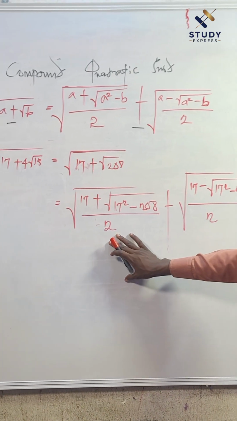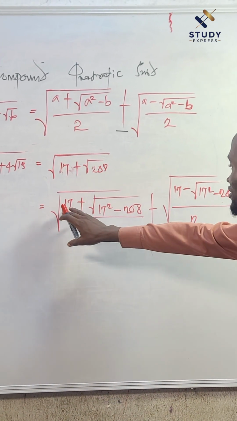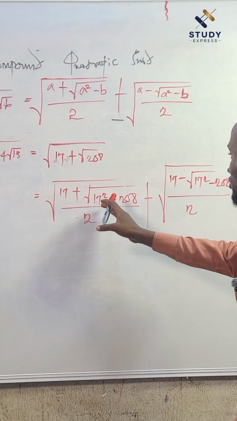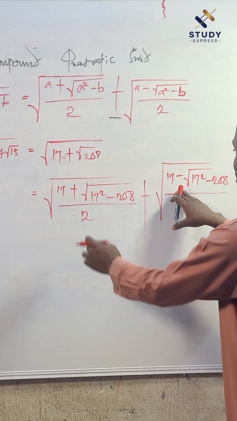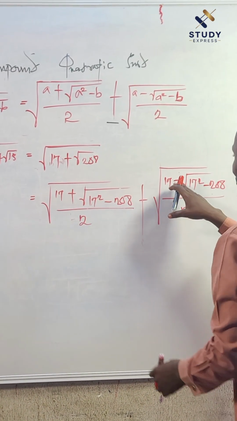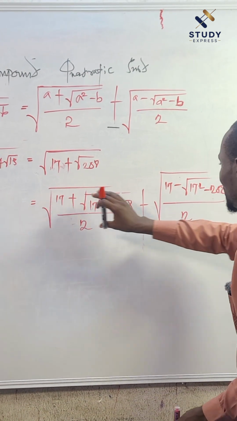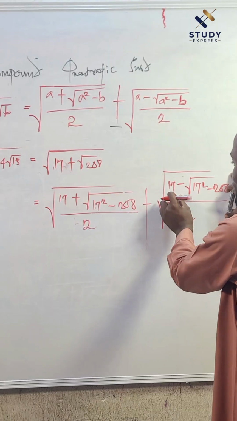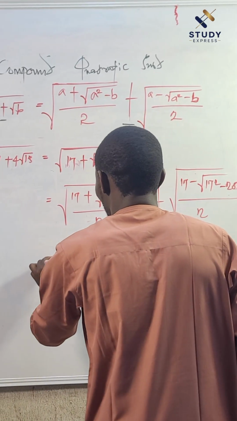I hope this is clear. So 17 plus, coming to the square root, just write 17 squared minus 208. Then just make the conjugate: if plus, this becomes minus. I'm just repeating what is there, except that I'm changing this plus to minus.